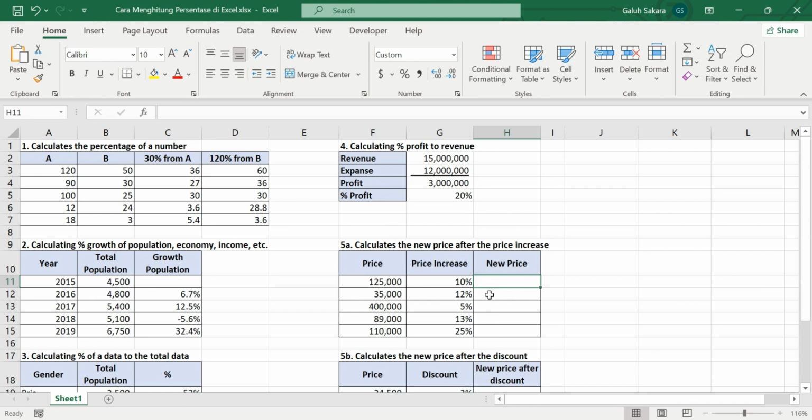Okay, let's move to 5A, calculating the new prices after the price increase. So how do we know the new price when there's a percentage increase? Okay, that's the formula, equal sign F11, that's the price, and then plus the price increase, multiplied by the price again.